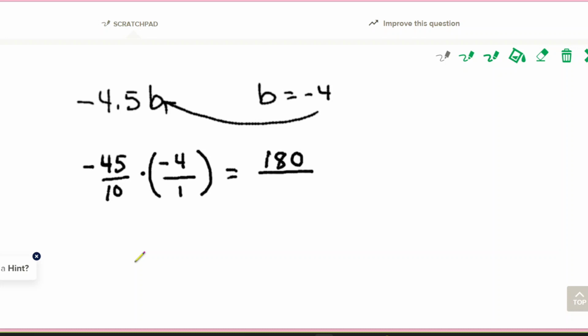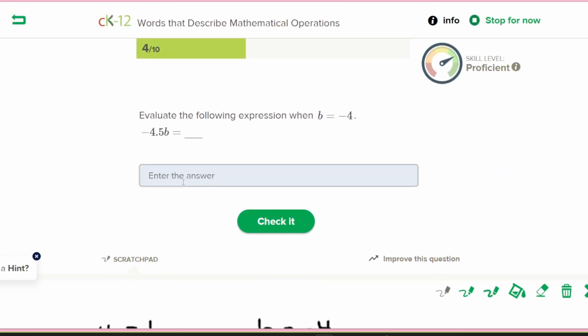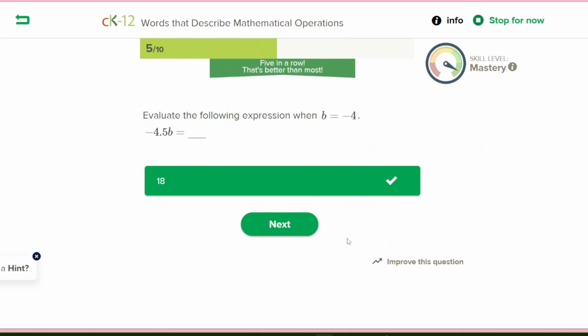And in the denominator, 10 times 1, 10. And 180 divided by 10 is 18, or 18.0. But if you have a 0 at the last spot, that's not significant, so we don't need to write it. This is just 18, the final value they are asking for. We enter that and check it out. And wonderful.